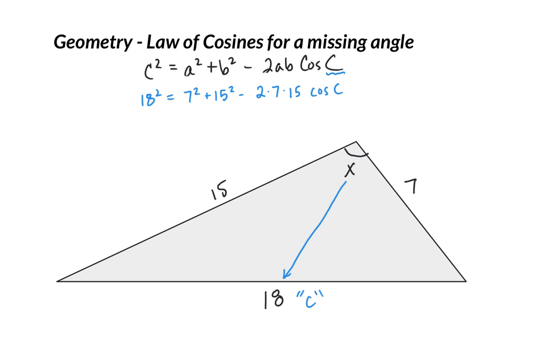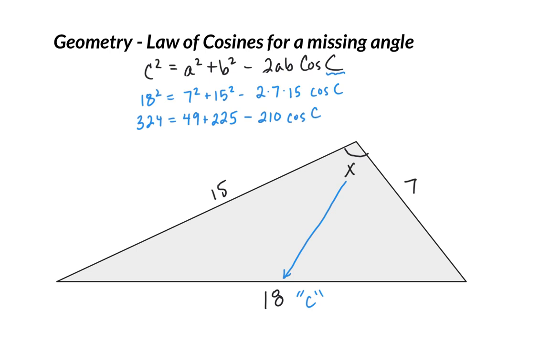Okay, I'm going to just make a quick pass through where I actually say, okay, 18 squared is 324. 7 squared is 49. 15 squared is 225. 2 times 7 times 15 on my calculator is 210.